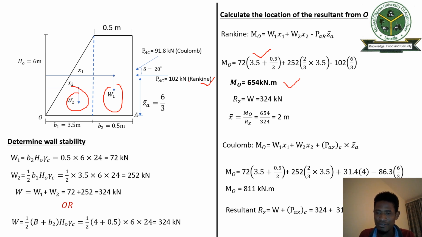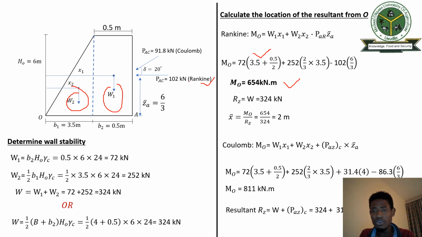Like I said, moment of a force is force times perpendicular distance. So when you divide moment by the force, you will get the resultant. So this is going to be acting at 2 meters from this point.